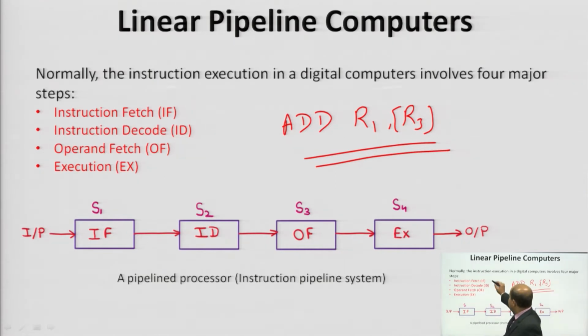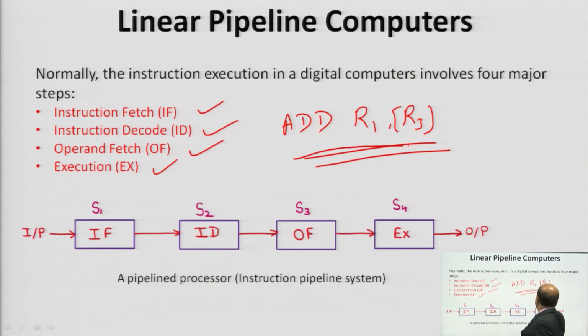First, the instruction fetch step is executed, then instruction decoding is performed, and if an operand is required, that operand is fetched from main memory. So, operand fetch, which is an optional step, is required, and finally, the instruction execution takes place. These four steps are important to execute a particular instruction like add R1, R3.